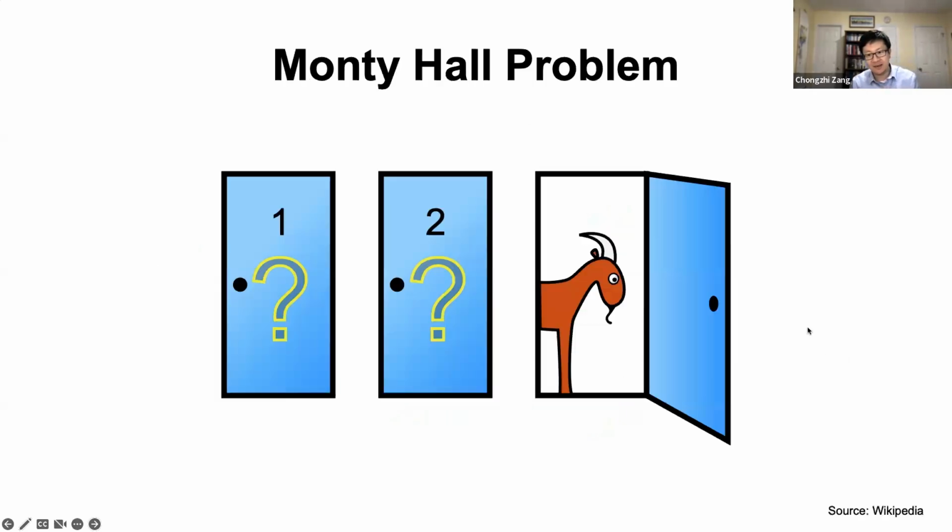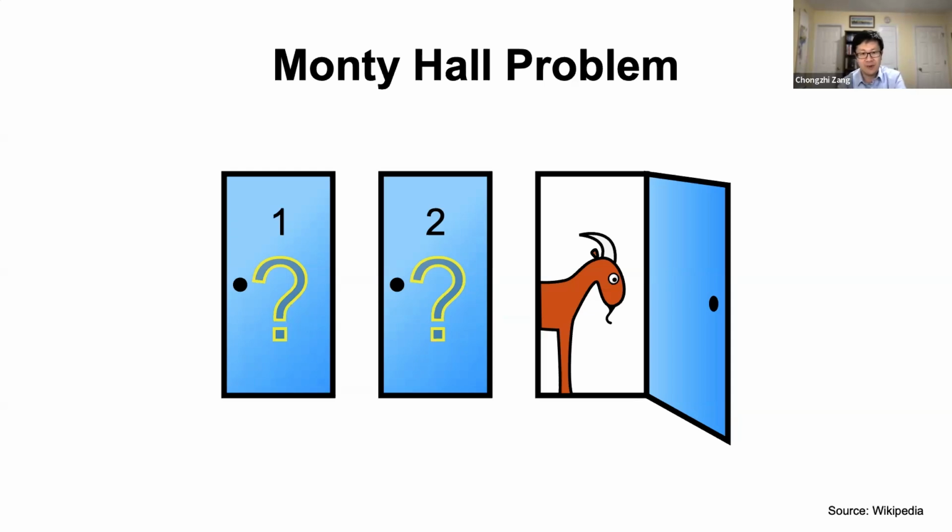Okay, another interesting example, also included in the pre-class reading, is the Monty Hall problem. I assume that many of you have heard of it, right? The problem is that there are 3 doors. It's a game.